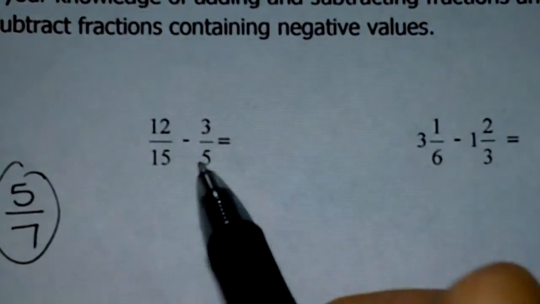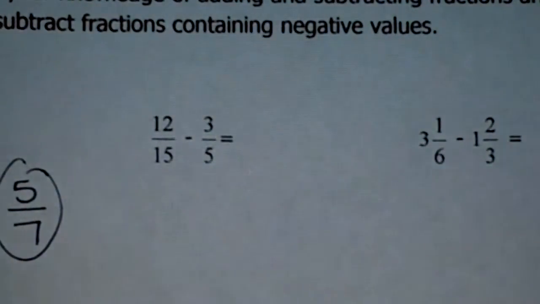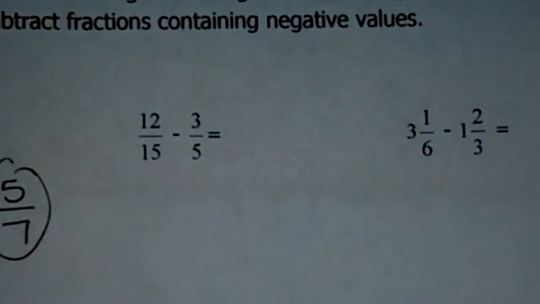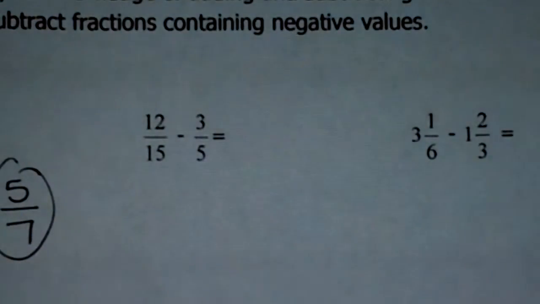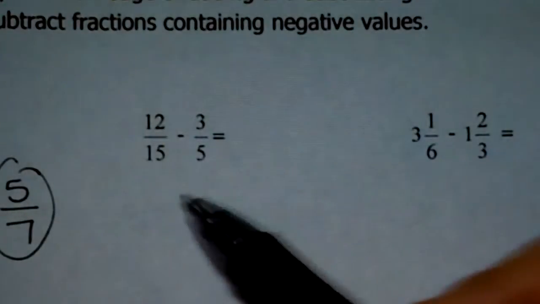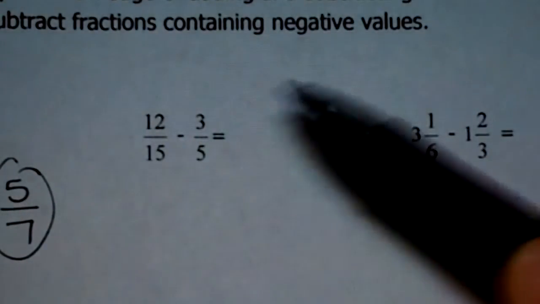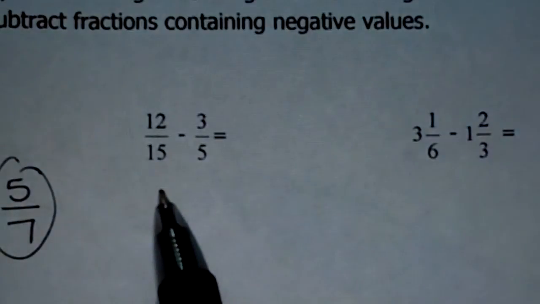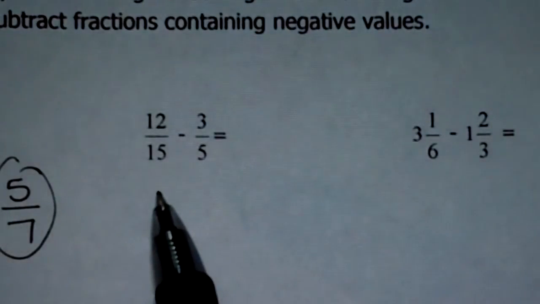I have 12/15 minus 3/5. When you subtract fractions, you also need a common denominator, and with this one, you don't have a common denominator. So we need to figure out a good common denominator here, right? I would like to pick the least or the lowest common denominator, personally, because it makes it so much easier to simplify at the end.